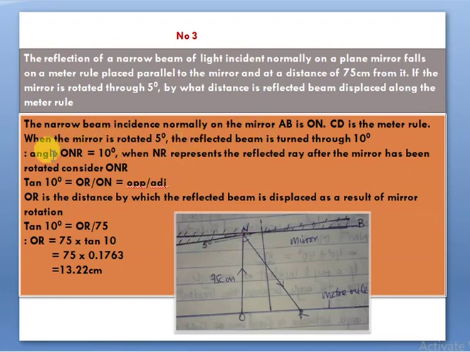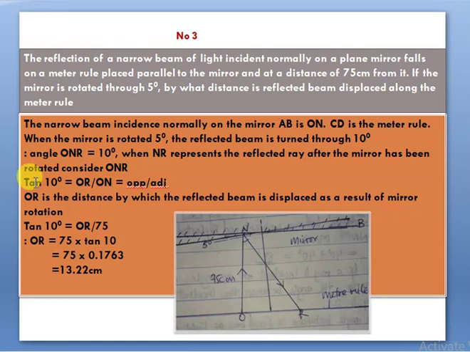Now angle ONR will be 10 degrees. As I've told you, ONR will be 10 degrees. NR represents the reflected ray after the mirror has been rotated through theta. Now we look at it this way.